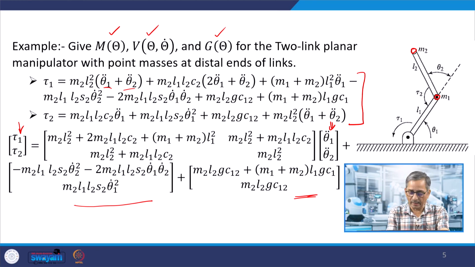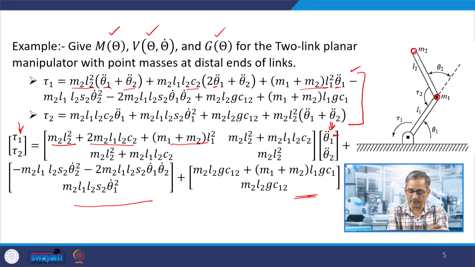Let us take the first equation and segregate the coefficients of theta 1 double dot. I have m2 L2 square, then 2 m2 L1 L2 C2, and then another theta 1 double dot term, (m1 plus m2) L1 square. I write this whole term over here.